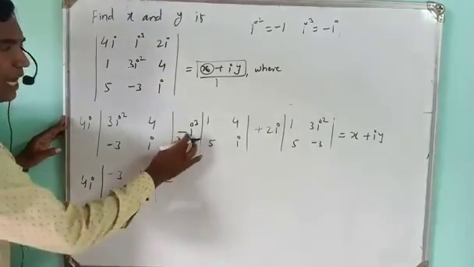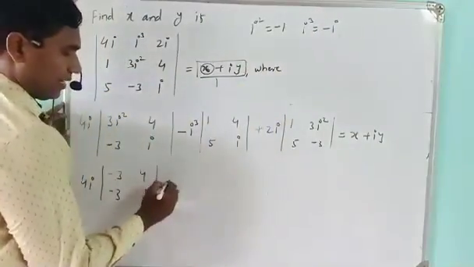I cube minus I. So this minus 1 will become plus I.